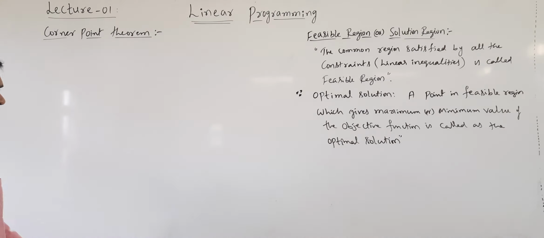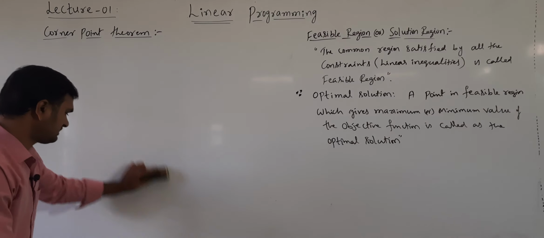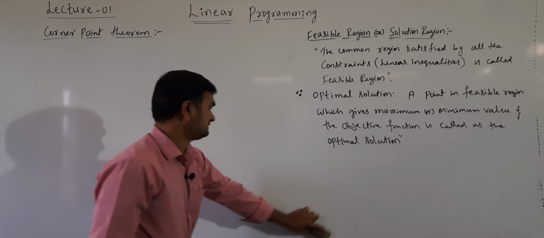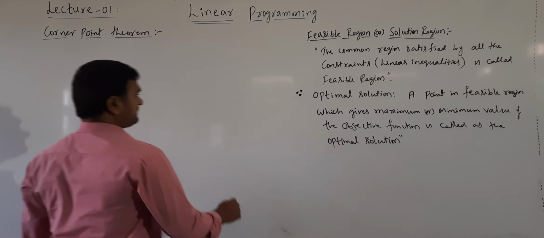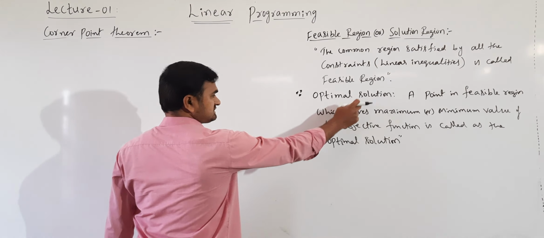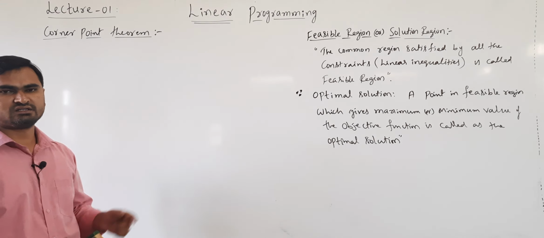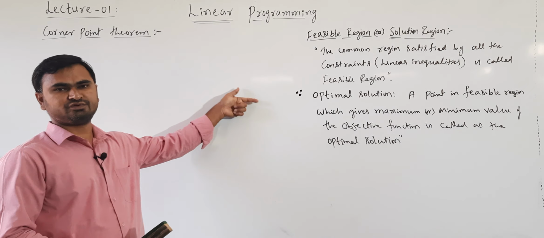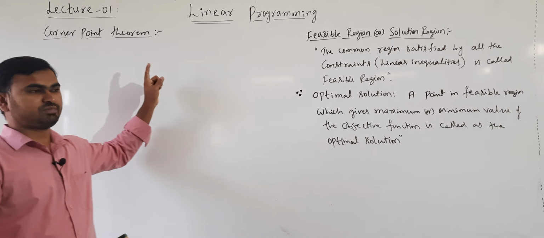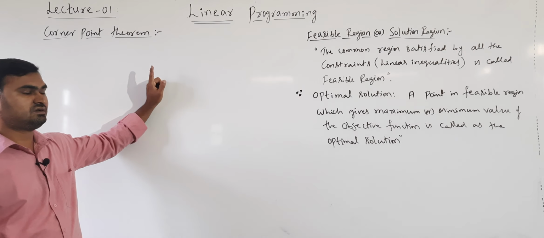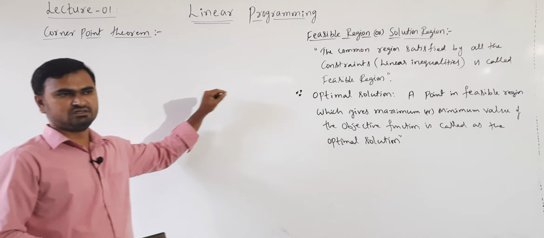Corner point theorem. What this corner point theorem says is, the optimal value or optimal solution for a linear programming problem will always be obtained at the corner points of the feasible region.